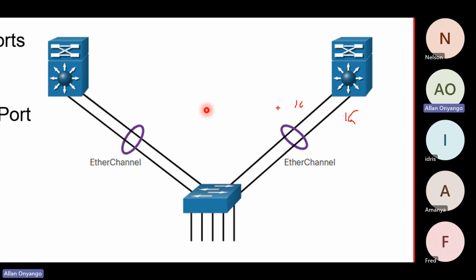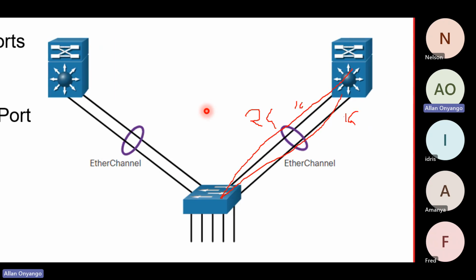So we combine these links to work together to have a combined speed of 2 Gbps, okay? So traffic will not have to be traveling on individual links at 1 Gbps, but will travel at double the speed, 2 Gbps, coming from one of these switches to the other.